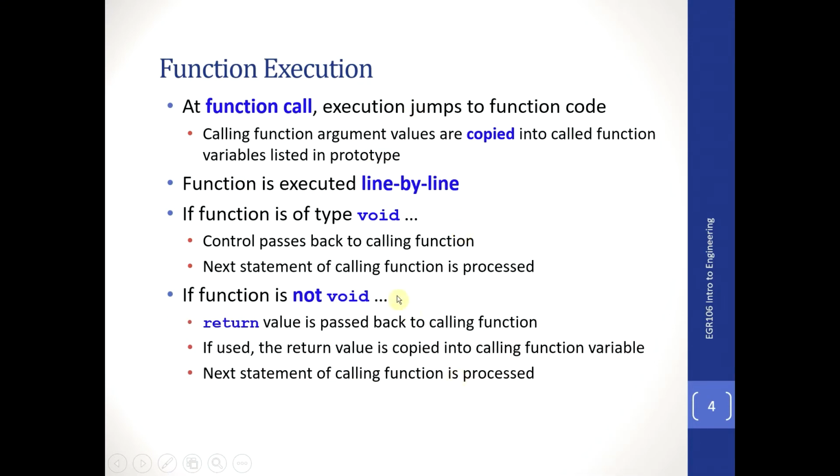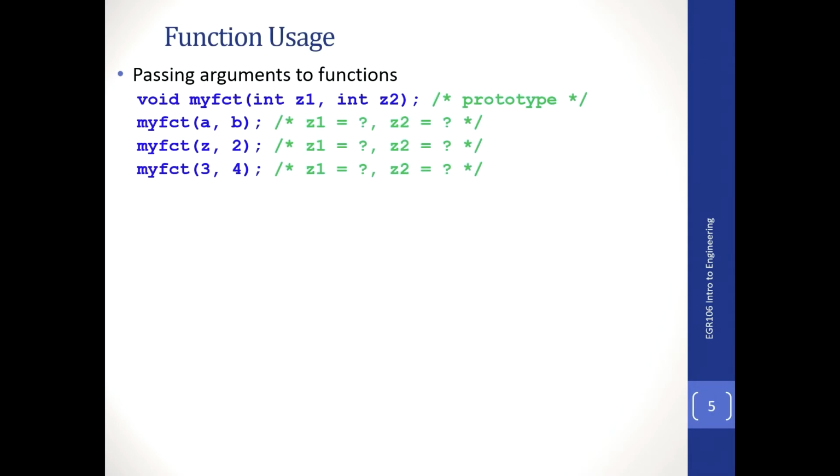However, if it's not void, it's going to return a value back to that line. If you remember, we have to actually set that equal to something if we want to use that value later on. So we need to remember to do that, and also remember to set it equal to the right data type.